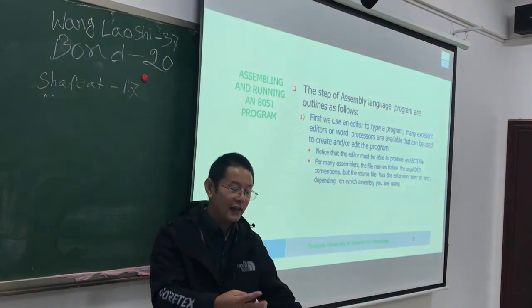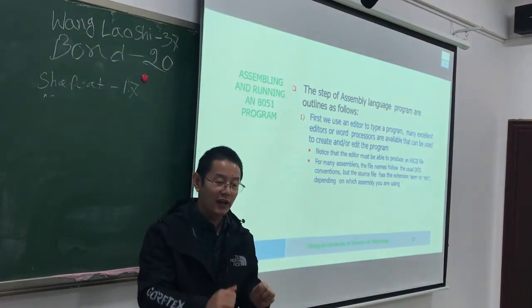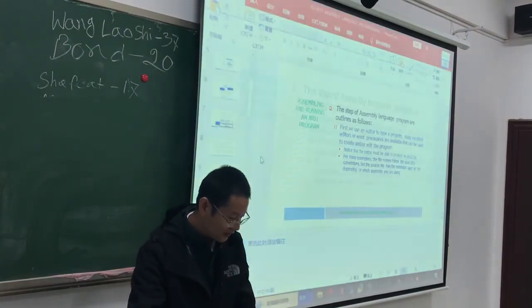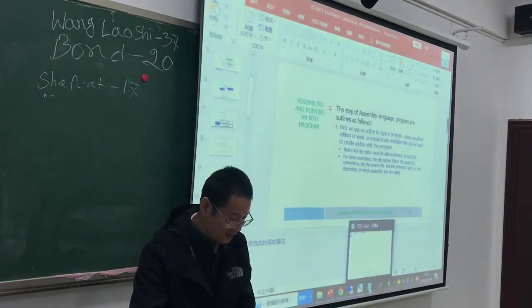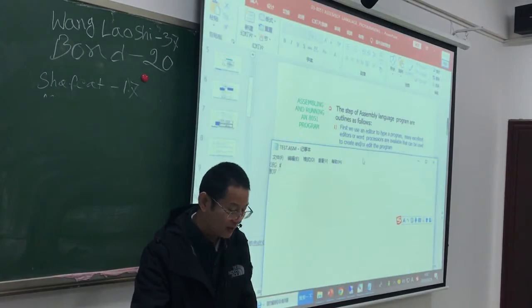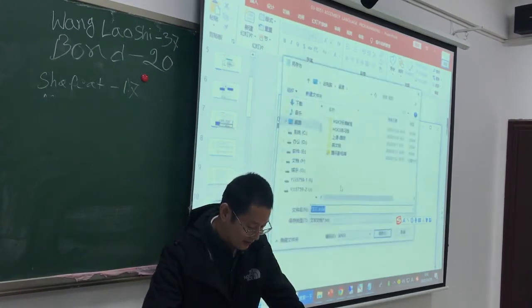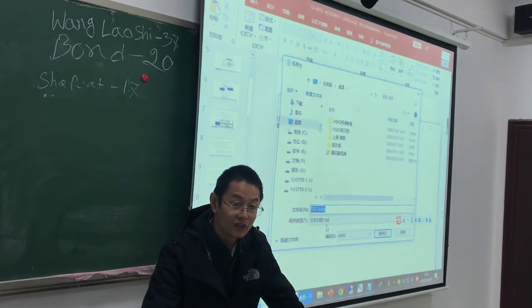When you edit your program, you can use any extension. For example, for this program, when I edit this file, I can just save as a text file, just the txt file.